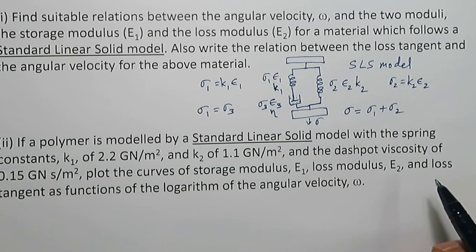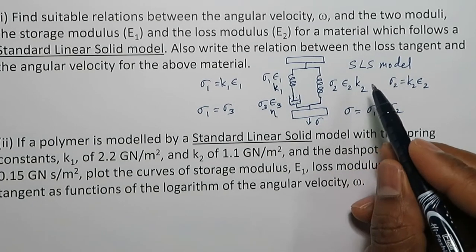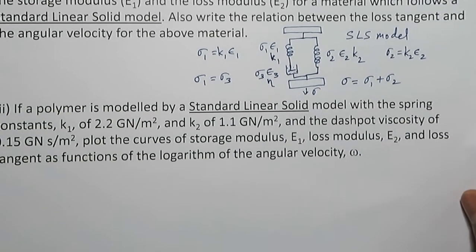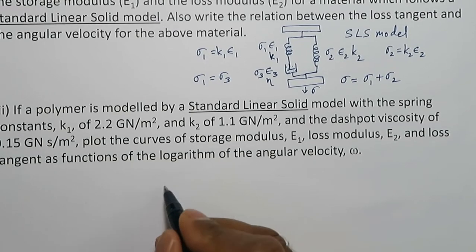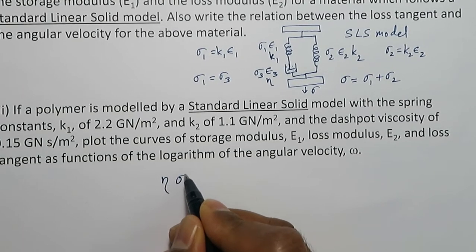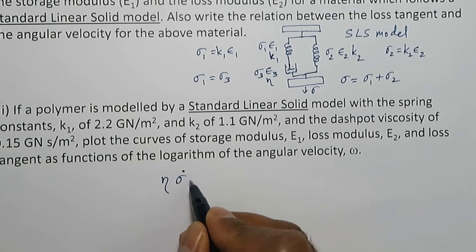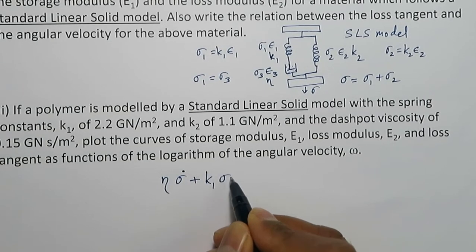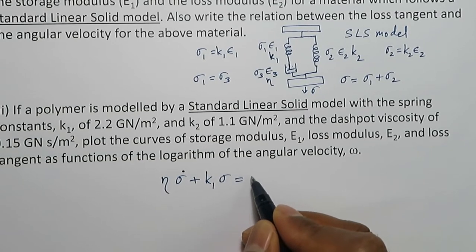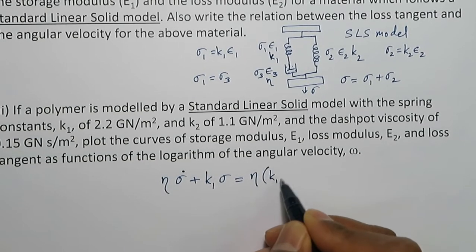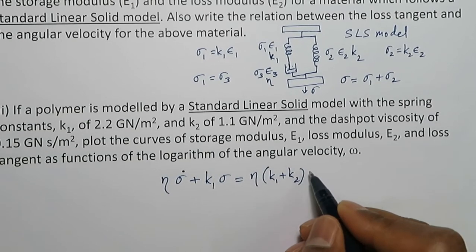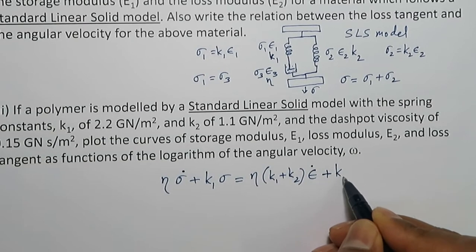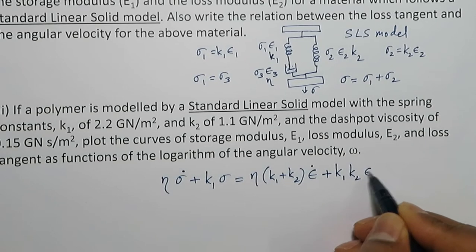These are the main assumptions of the SLS model, and based on this model, the governing equation for SLS can be found as eta sigma dot plus K1 sigma is equal to eta (K1 plus K2) epsilon dot plus K1 K2 epsilon.